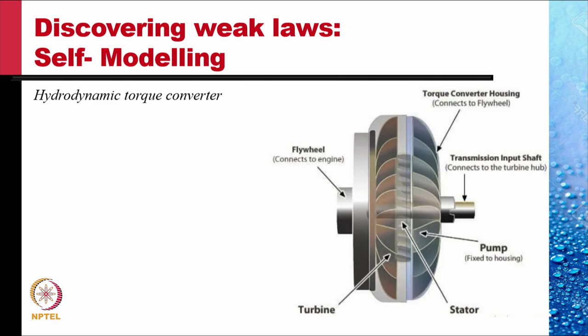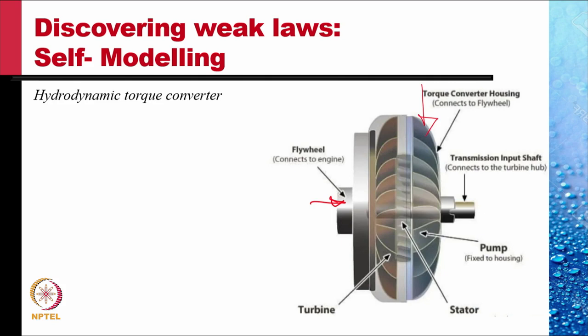Here, the casing of the torque converter is connected to the flywheel of the engine. So, this is where the input power goes. The whole thing rotates. This portion works like a pump.